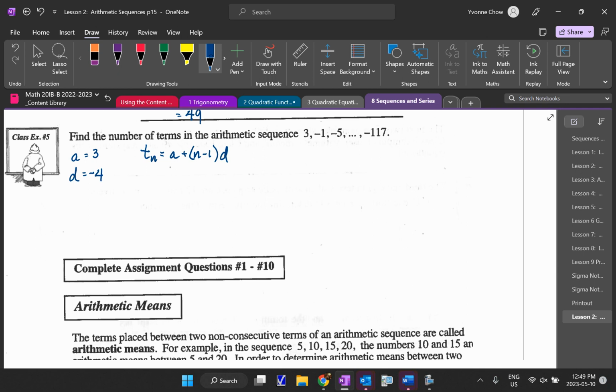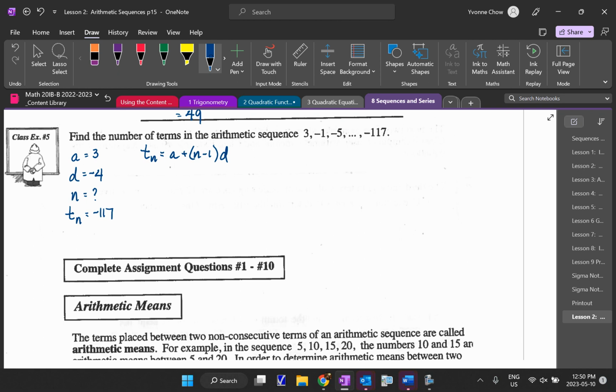And now I need to fill in either Tn or n. Because the question asks us to find how many terms there are, that means that we don't know n. But what we do know is that last value, which is -117. So for example, if we knew that there were 30 terms in the sequence, then -117 would be term 30.